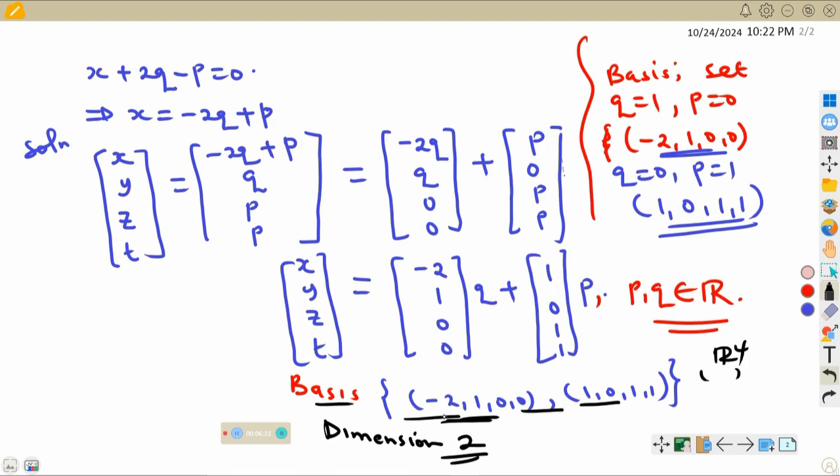So the dimension is 2, and these are the basis elements within what we call the basis set.